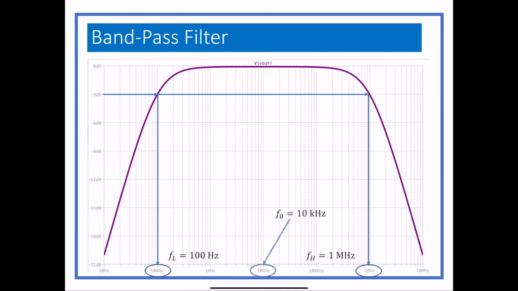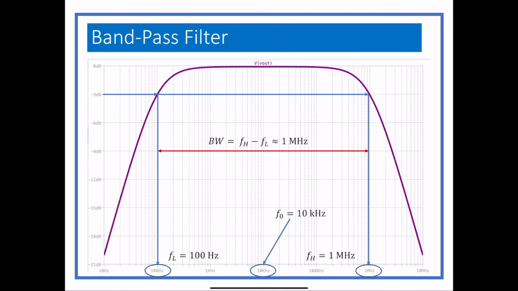It's actually the geometric mean of FL and FH. It's not the average. A lot of students take it and find the average, but it's really not the average. It's actually the geometric mean, not the algebraic mean. In this case, it's 10 kilohertz, and then the bandwidth is everywhere from the low to the high. That tells you the range of frequencies that will go through.